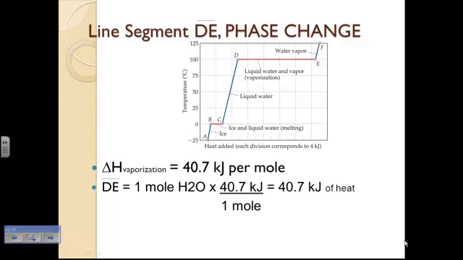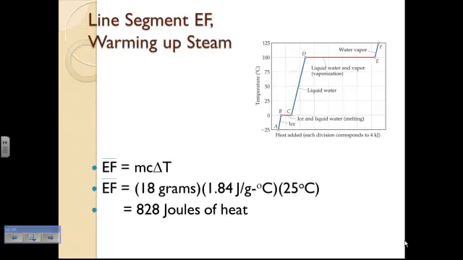One more line segment to look at, from point E to point F. We're warming up the steam. Steam at letter E is at 100 degrees. The steam at letter F is at 125 degrees. There is a temperature change. That's our clue to remember. It's simply an MC delta T. We use the mass in grams for 1 mole of water. 1 mole of water is 18 grams.